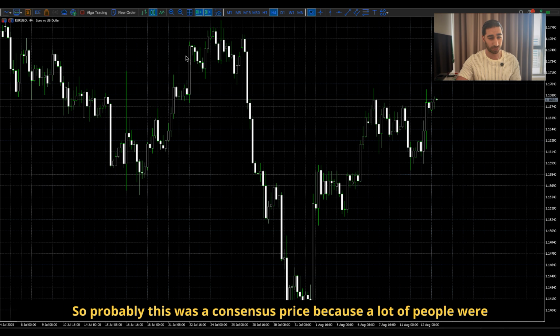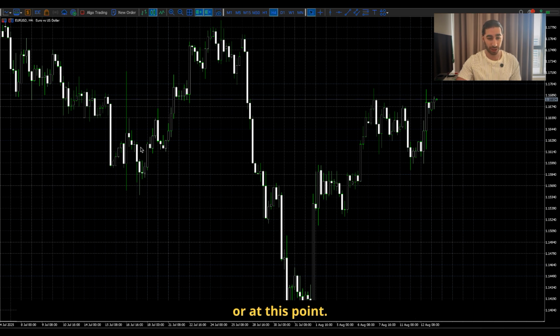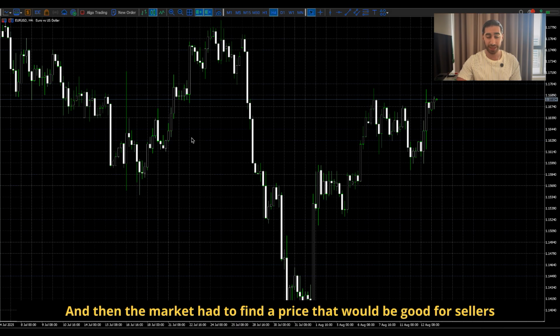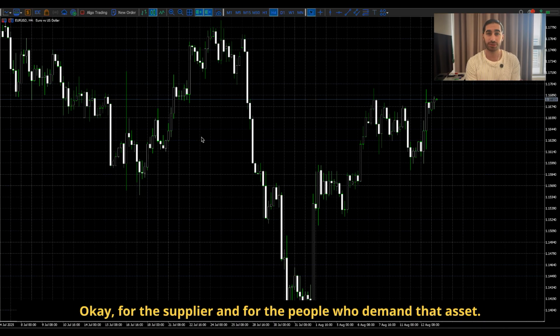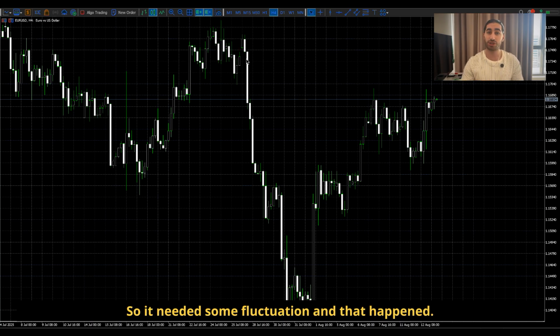So probably this was a consensus price because a lot of people were buying at this point or at this point. And then the market had to find a price that would be good for sellers and for buyers. Okay, for the supplier and for the people who demand that asset. So it needed some fluctuation, and that happened.